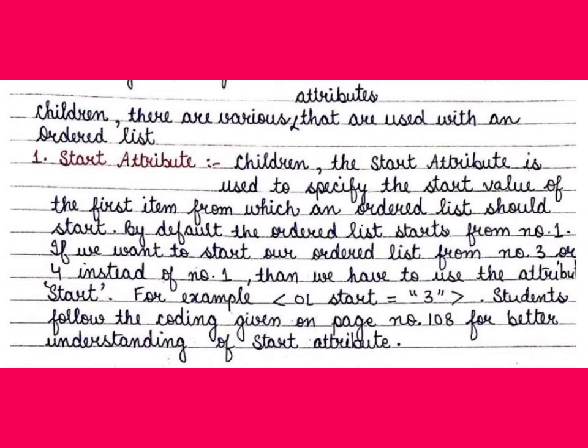If we want to start our ordered list from number 3 or 4 instead of number 1, then we have to use the attribute start. For example, OL start is equal to 3. Students, follow the coding given on page number 108 for better understanding of the start attribute.